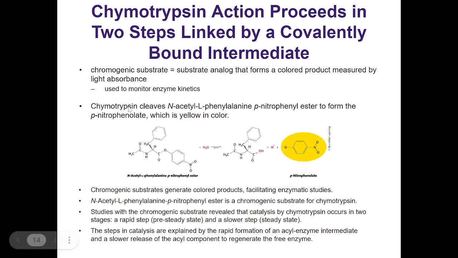This right here is what we're acting on. We don't have the enzyme in this. We're not actually showing the enzyme in any of these. What we're showing is the beginning and end. So we have this. This is our chromogenic substrate.